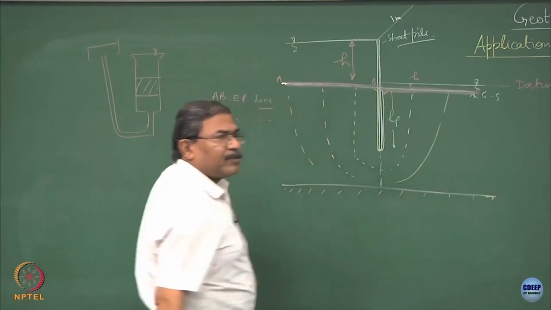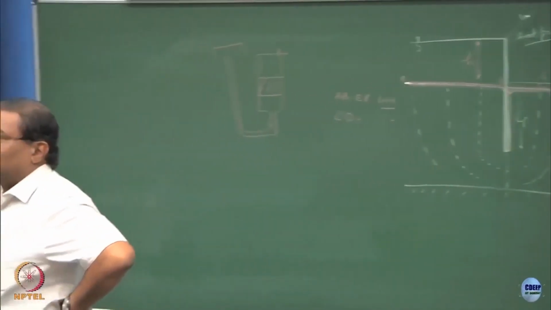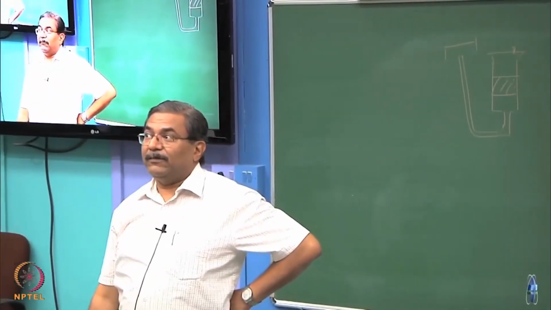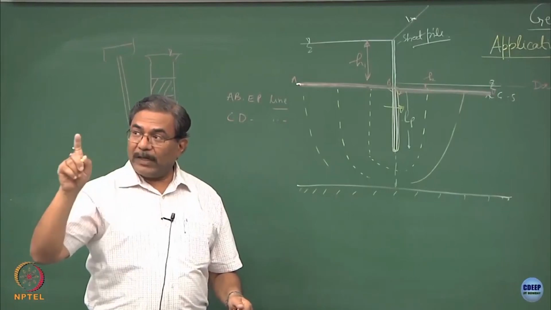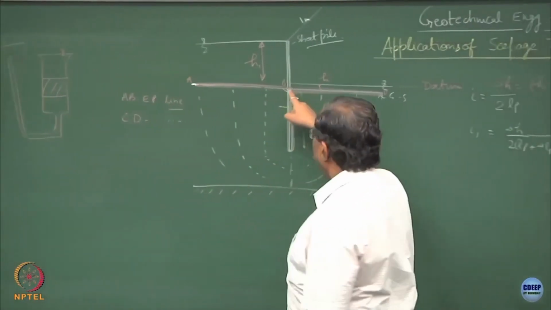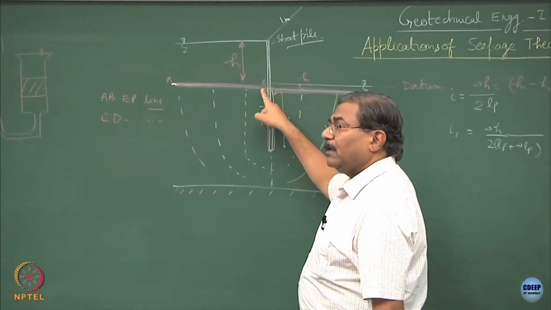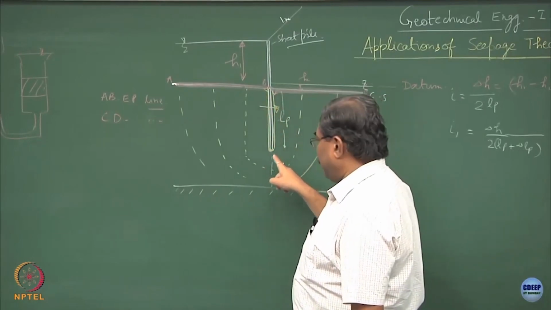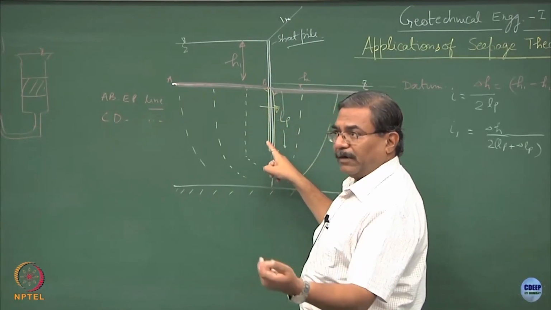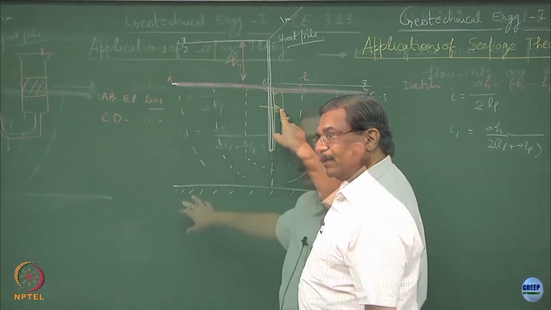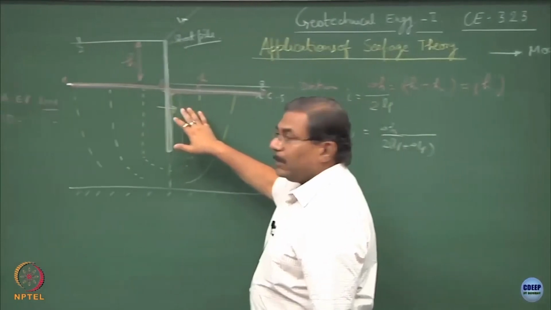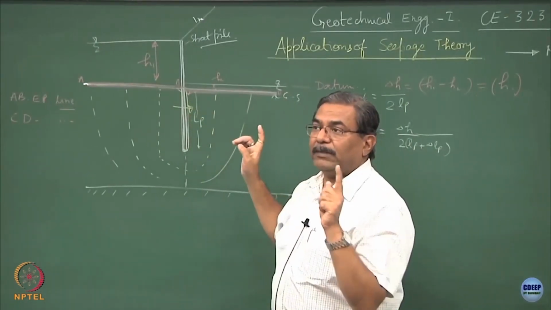What is the characteristic of the sheet pile? Is this pervious or impervious? The sheet pile itself is impervious, correct. So one more condition which we are going to put over here is, by virtue of being an impervious element, be it steel, concrete or composites, no flow is going to take place across this line. Clear? So we have fixed the boundary conditions.